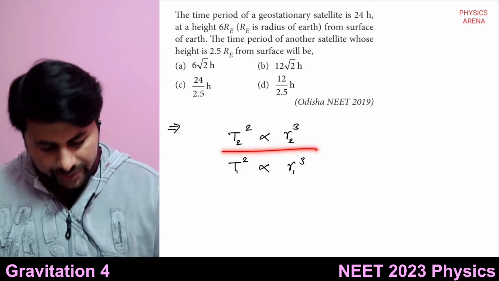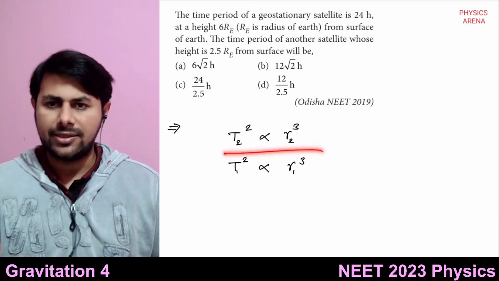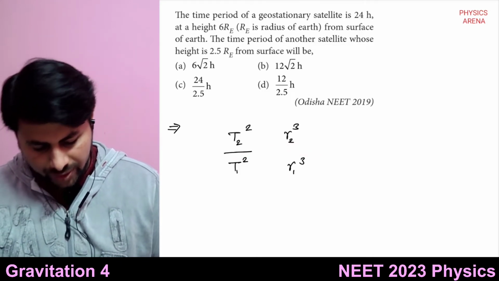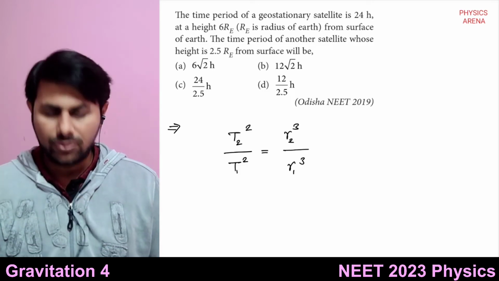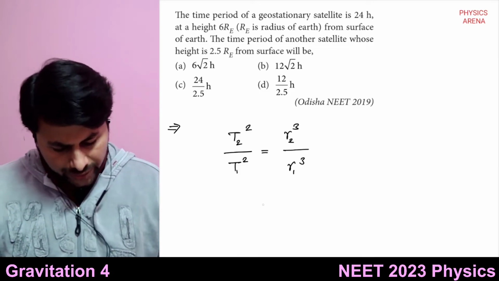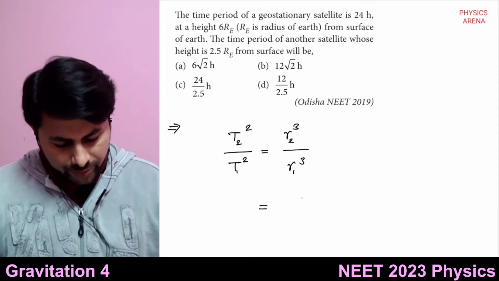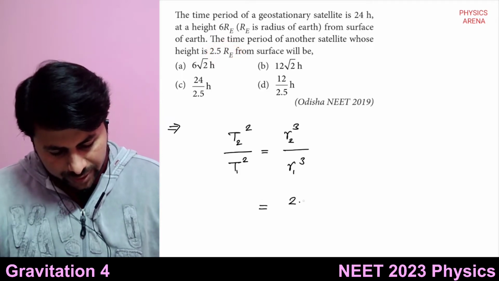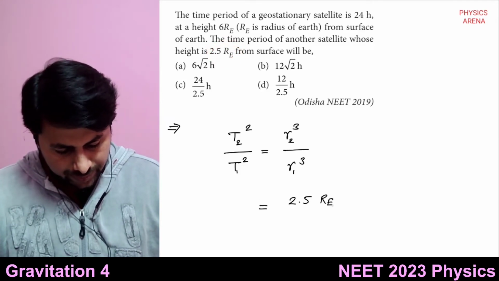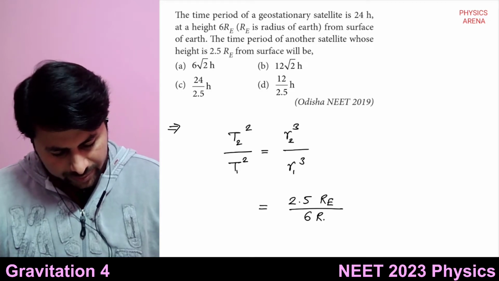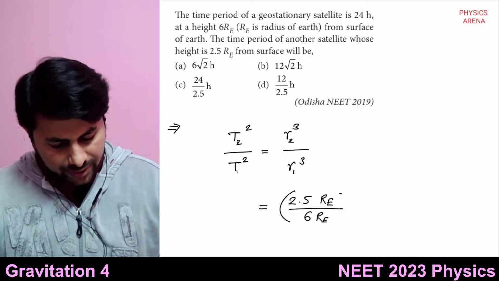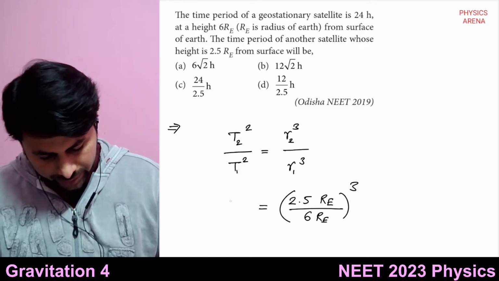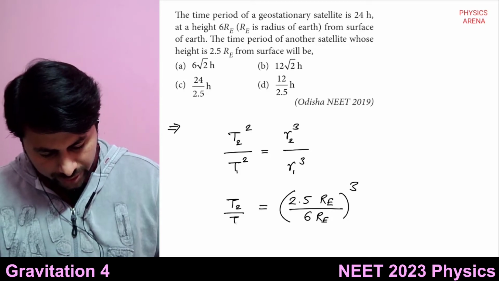Now if we divide the first expression by the second expression, we can say that T2 upon T1 whole square is equal to R2 upon R1 whole cube. R2 is 2.5 RE, we can substitute 2.5 RE upon 6 RE, R1 is 6 RE, and we have the cube of that.